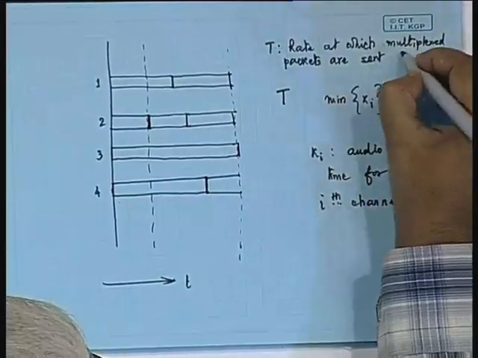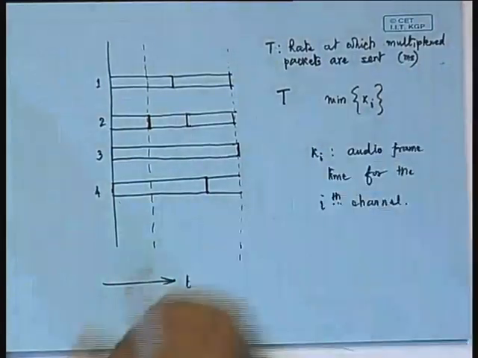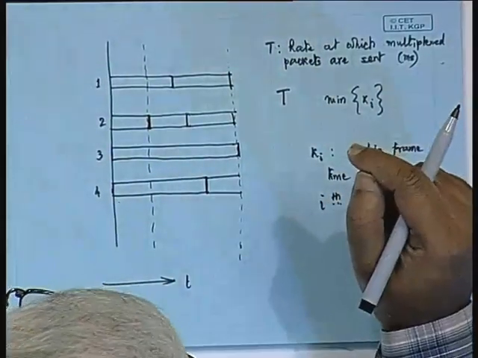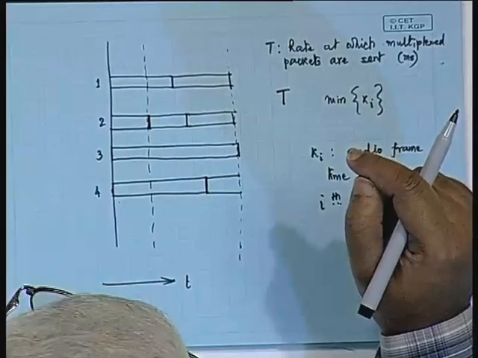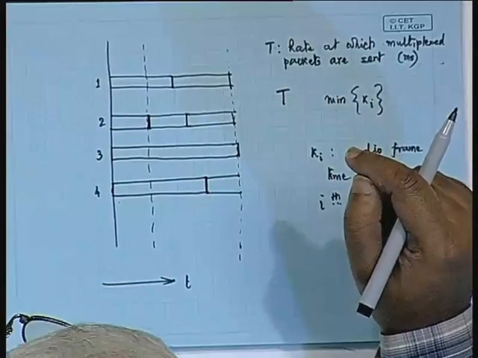We are measuring t in milliseconds, that is, how many milliseconds we take to send the multiplexed packets.